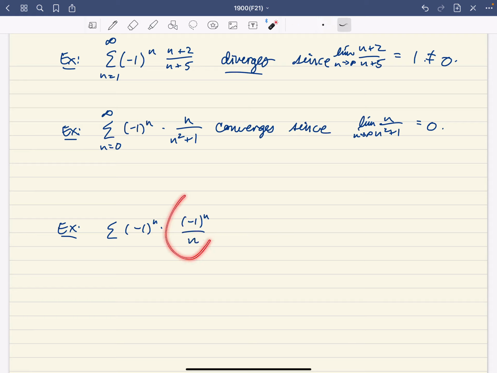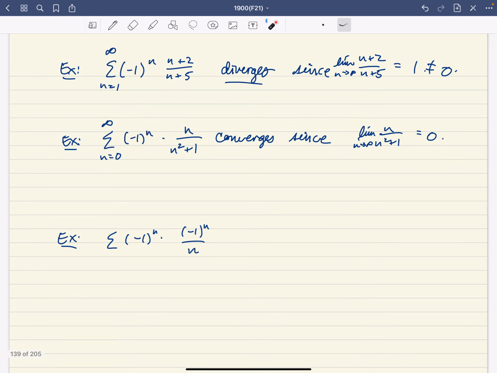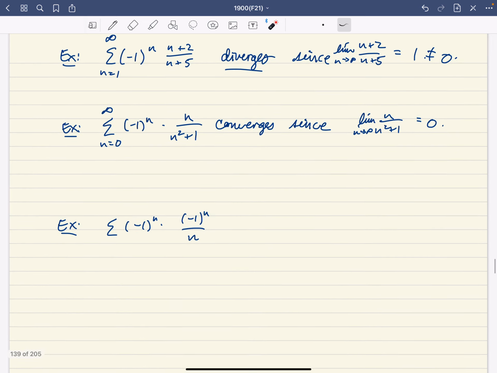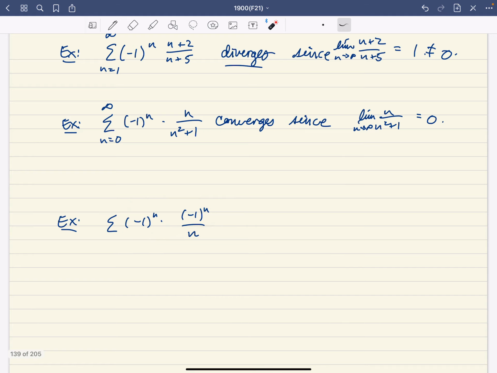Well, here this is again going to 0, because you could use the squeeze theorem. Negative 1 to the n over n is always between negative 1 over n and 1 over n, both of which tend to 0. But when you multiply these together, what's going to happen? You're going to get negative 1 to the 2n, and so you'll get 1. And this is going to be the harmonic series, which diverges.